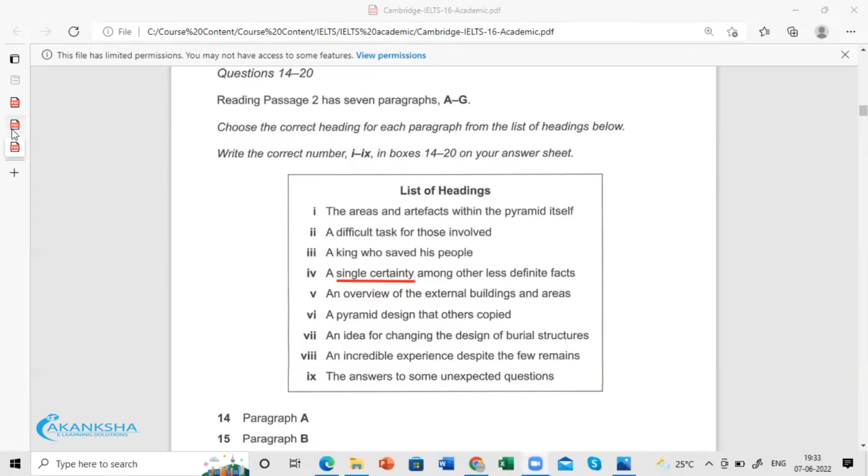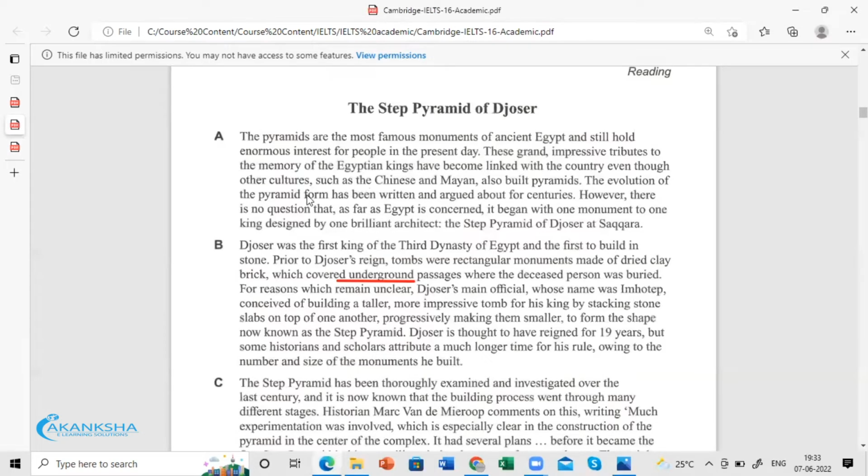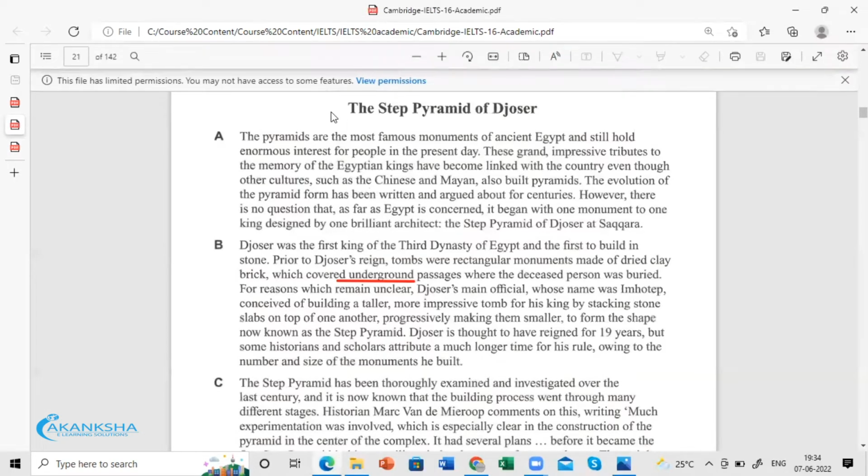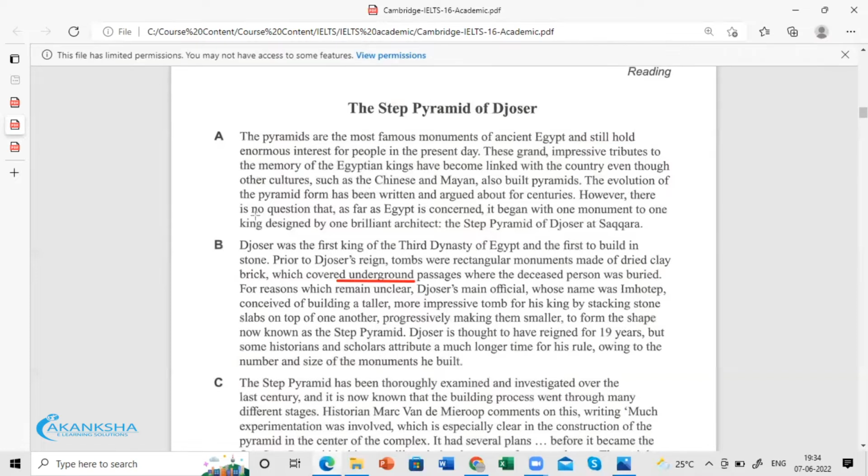How do we know that they are talking about confirmation here? As I said, they're saying that there is no question that. When there is no question, of course, it would lead to certainty, isn't it?